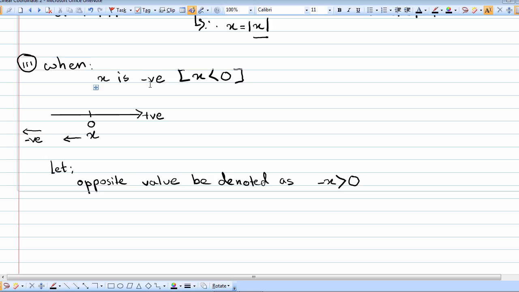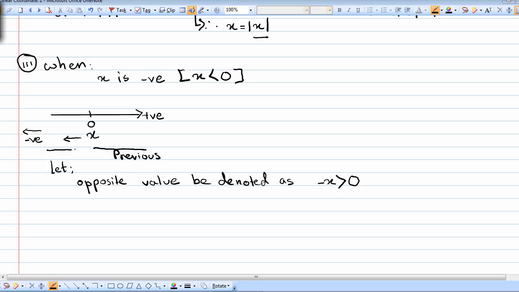Our value of x, or the coordinates, will be negative. Previously we dealt with the positive coordinates that are residing on the right hand side, but right now we are going to deal with the values that are residing on the left hand side, or the coordinates that are negative.